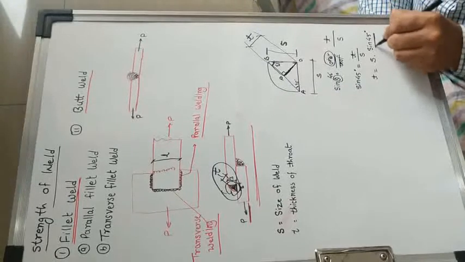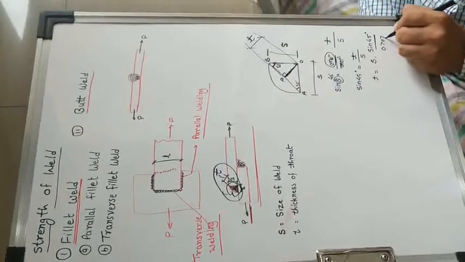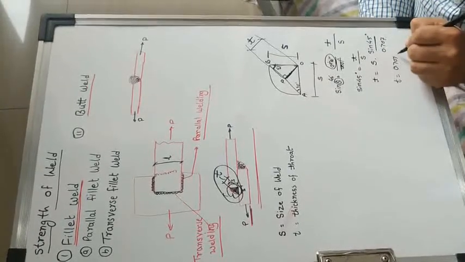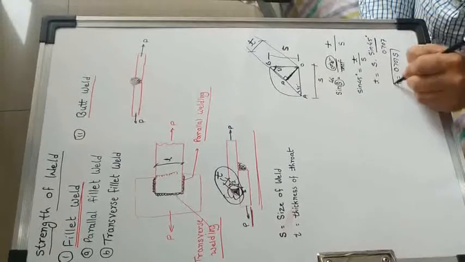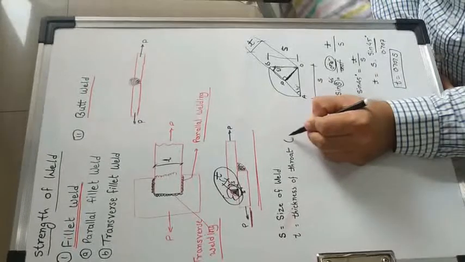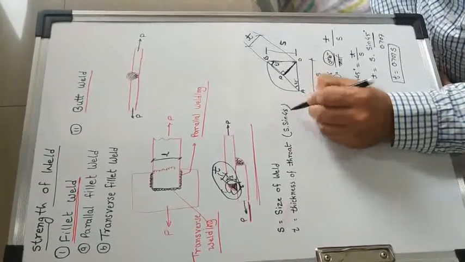Do you know the value of sine 45? That is 0.707. So T is equal to 0.707 into S. So this is the value of T, S into sine 45.